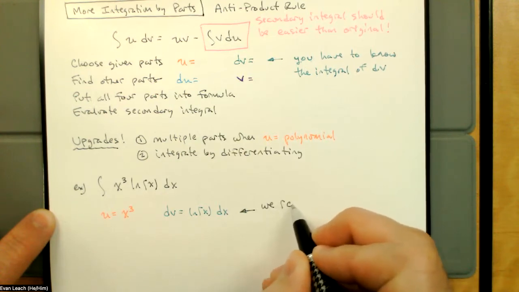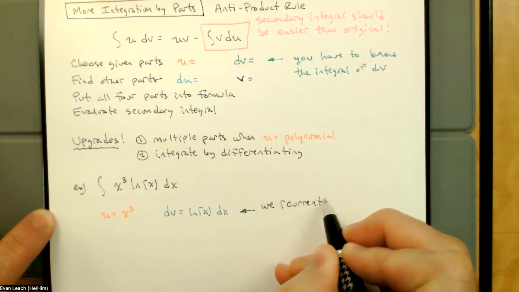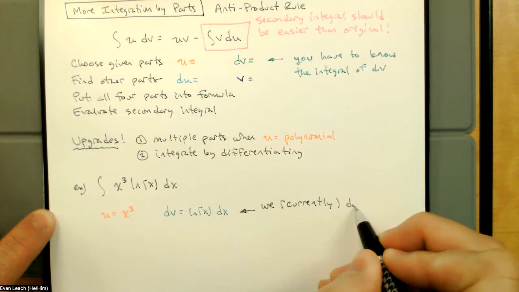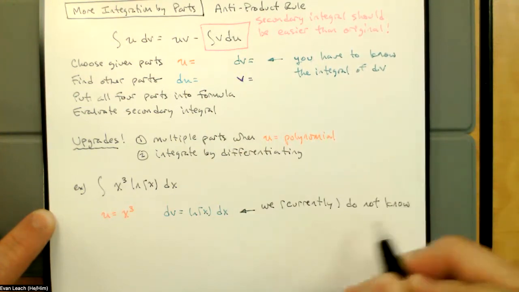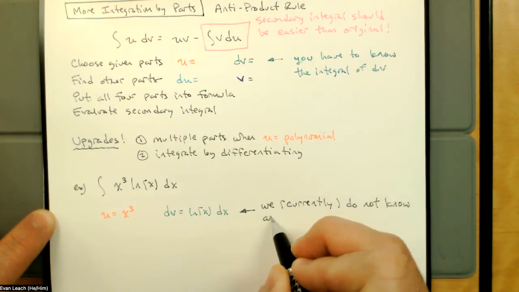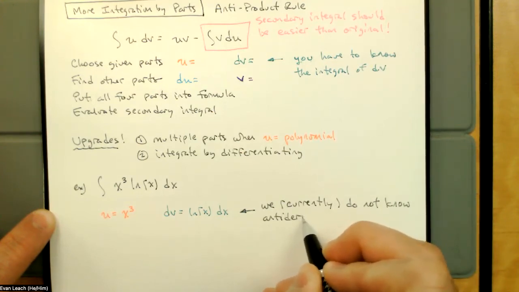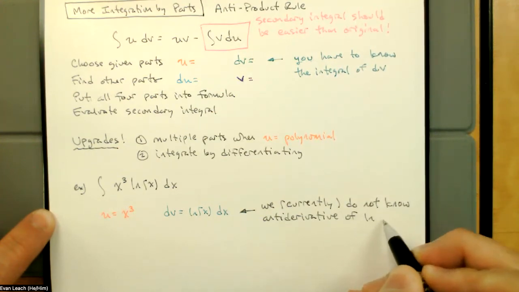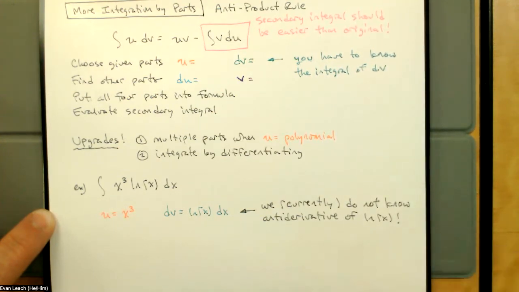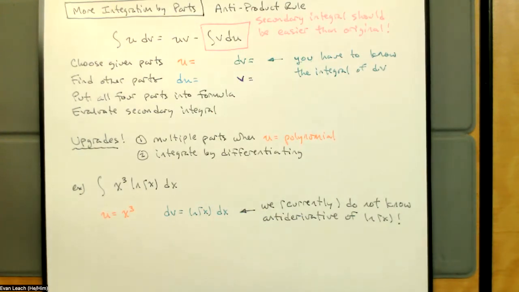We currently do not know the integral of natural log of x. 1 over x is the derivative of natural log of x, and that's not what we need in the dv slot.